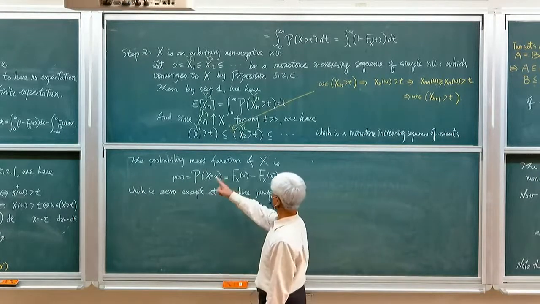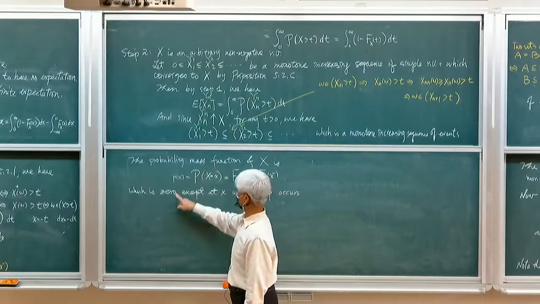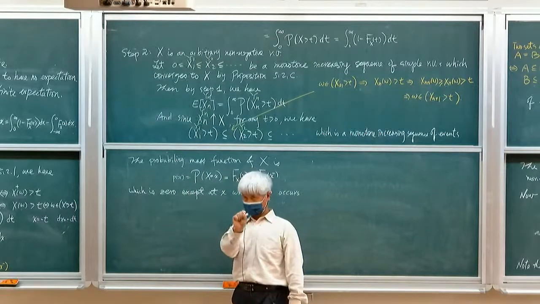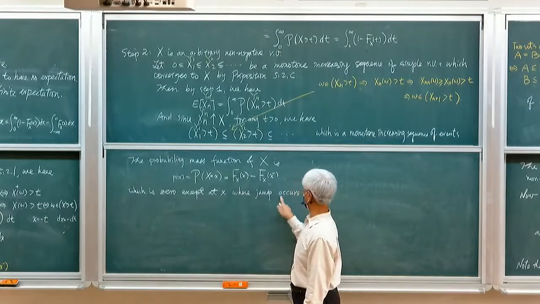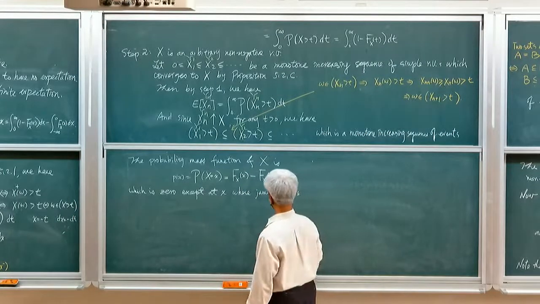All right, so the probability mass function is equal to 0, except at x where a jump occurs, right?